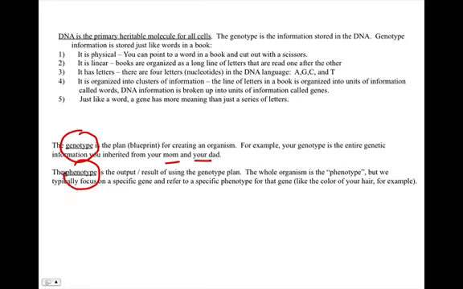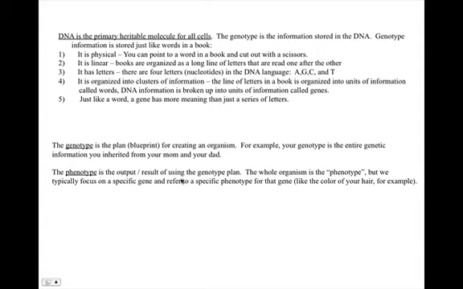Then the phenotype is the product of that plan. So you inherited a plan from your mom and dad when you were a fertilized egg. The plan was there, and then it got played out over time to produce a human, you, and you are the phenotype. So those are a couple of terms used in genetics that we'll talk about a lot.